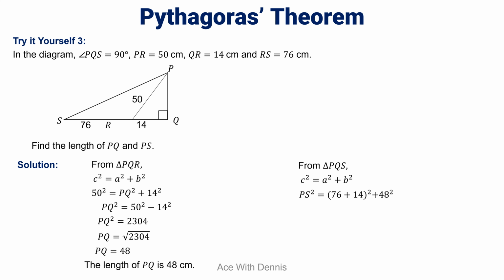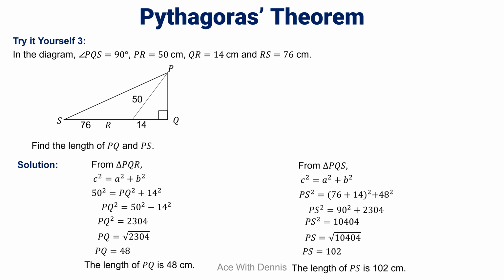So the equation becomes PS squared equals 76 plus 14 squared plus 48 squared, which is 90 squared plus 2304, and the value is 10,404. So PS is the square root of 10,404, which is 102. Therefore, the length of PS is 102 centimeters.